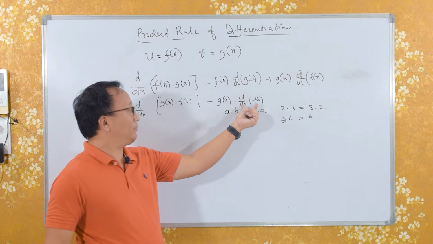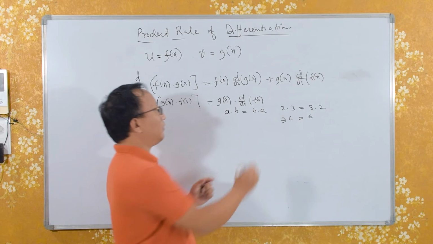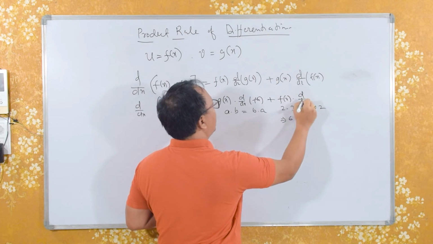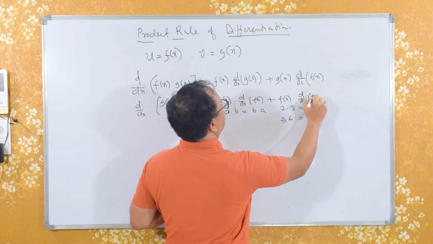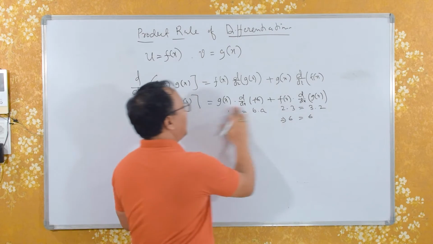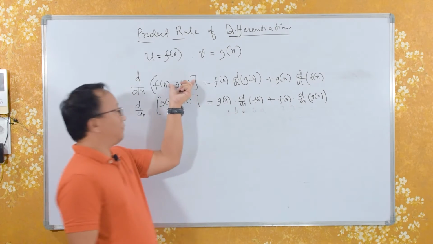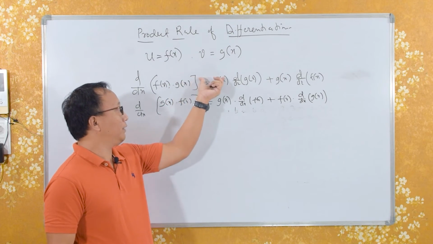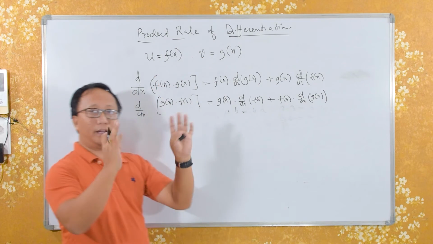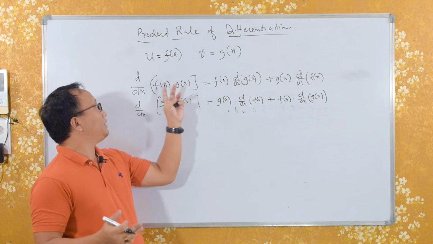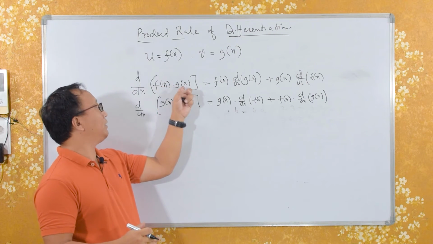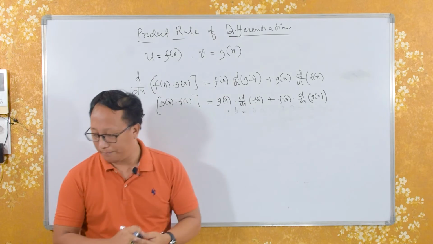Since this function's differentiation is getting over, keep it as it is and differentiate the last one, which was not differentiated already. So this answer will be the same as the previous value. In the product rule, if you flip the first and second functions, the values will be one and the same.